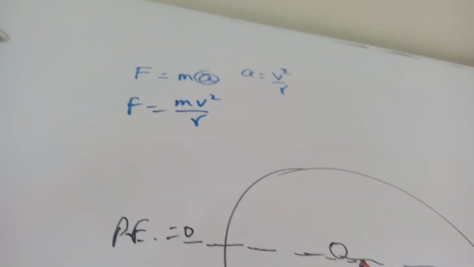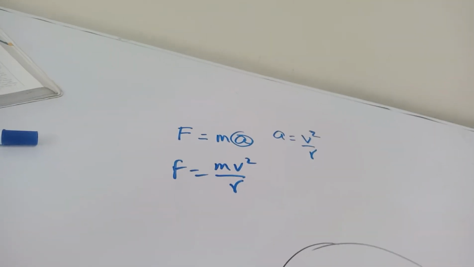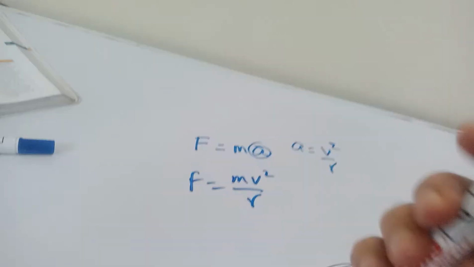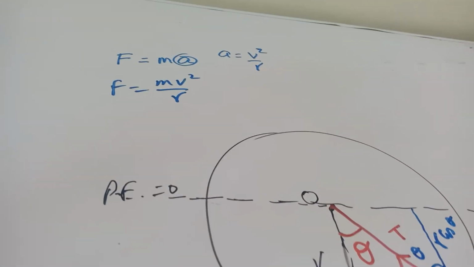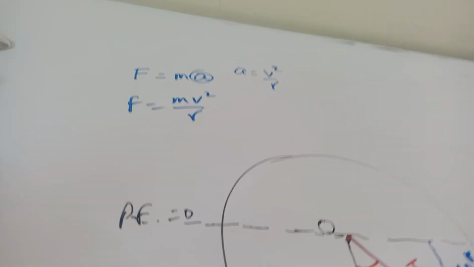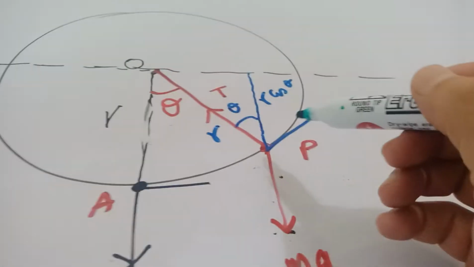Okay guys, now after this since I told you that we have to use this formula F equals mv square over r. Now this F over here is going to be the resultant of the forces acting on our particle.